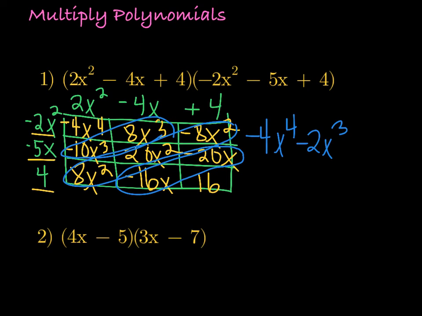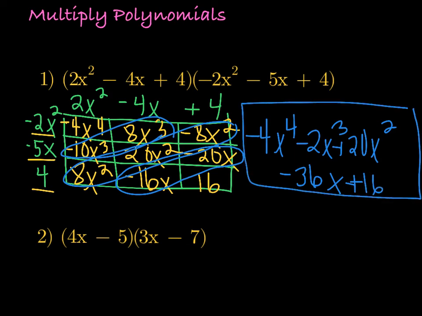If you look here, those two 8x squareds cancel out, so I'm left with positive 20x squared. And then come down here, negative 36x plus 16. So we have 5 terms. So we have a polynomial, a quartic, because the highest degree is 4.